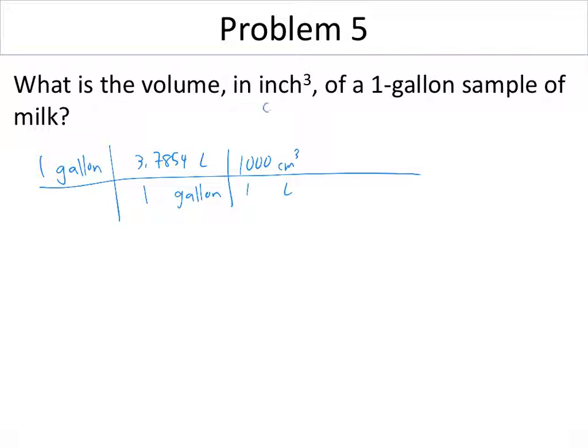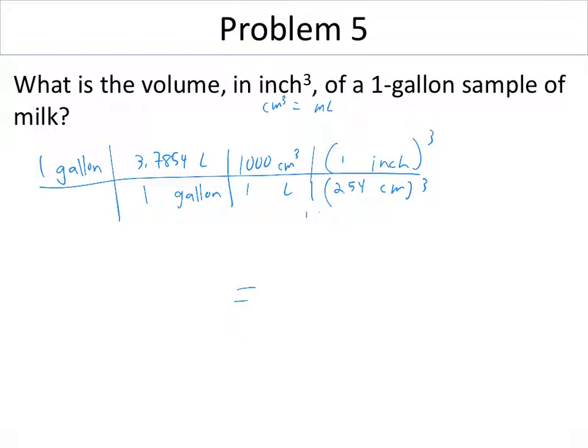So I'm remembering here that centimeters cubed and milliliters are equal. And I know that 2.54 centimeters are equal to 1 inch. So if I cube the 2.54 centimeters and I cube the 1 inch, that will give me inches cubed.